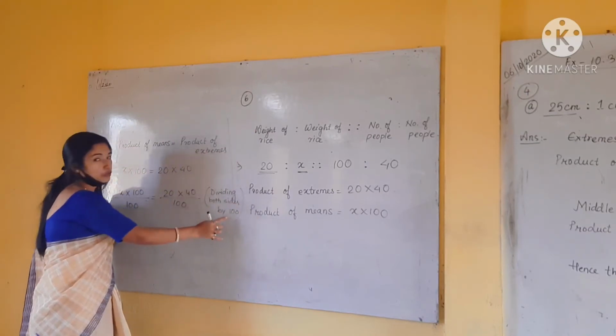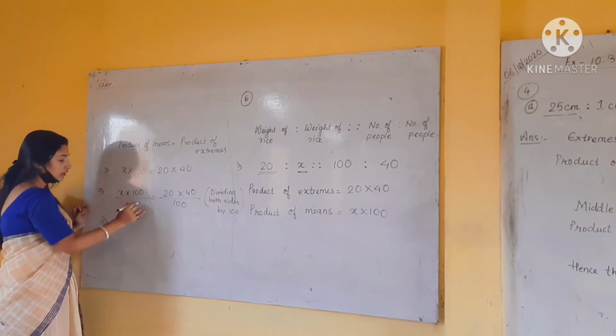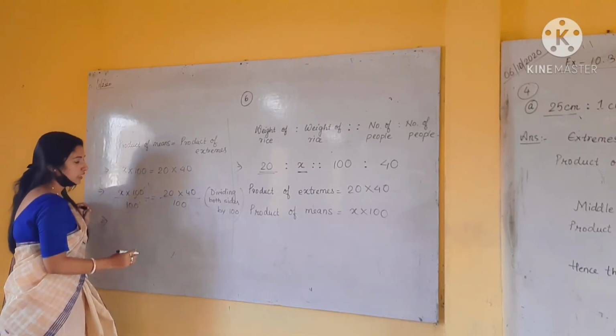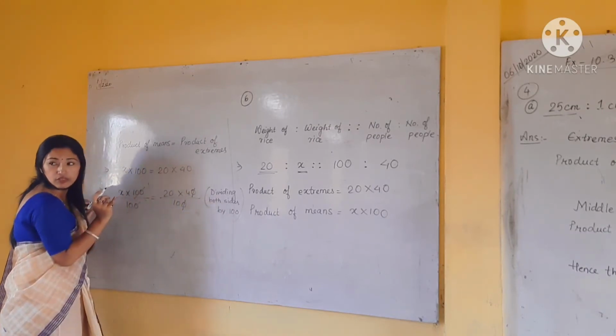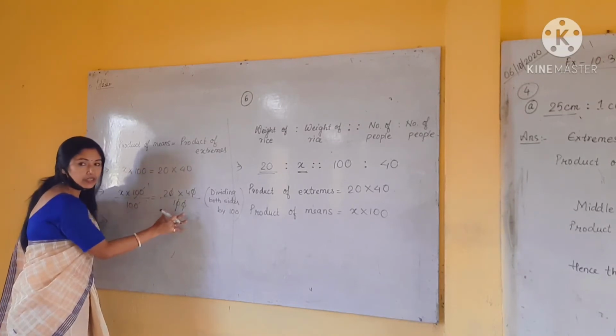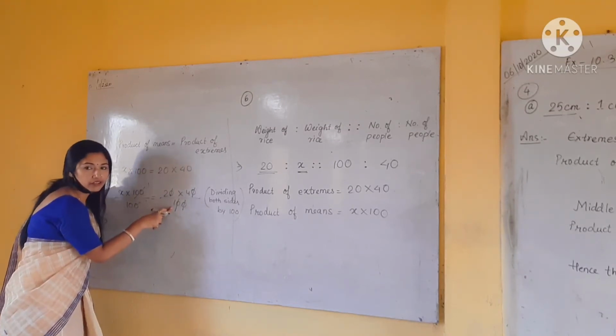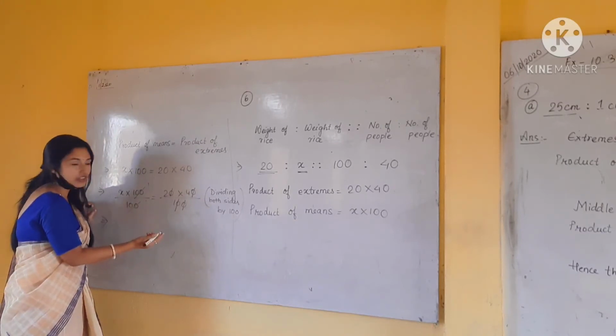This is important. All of you just write dividing both sides by 100. So 100 will get cancelled out. See, there are two zeros, so you can cancel one zero with this zero, and the other zero you can cancel with this zero. So in the denominator 1 will be remaining, so no need to cancel it further. It will become simpler.